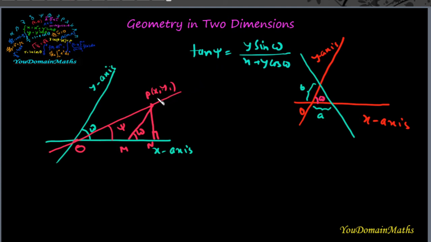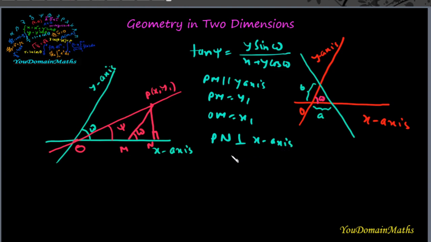This straight line passes through the point P of x1, y1. Then draw PM parallel to the y-axis, and we get PM equal to y1 and OM equal to x1. If PN is perpendicular to the x-axis, then PN equal to y1 sine omega and MN equal to y1 cos omega.